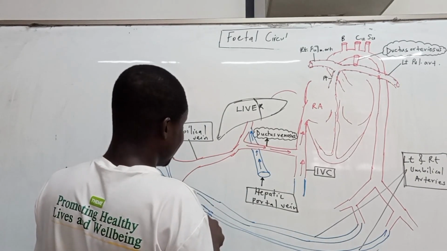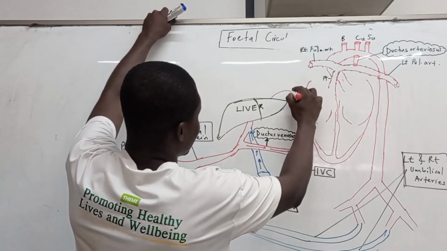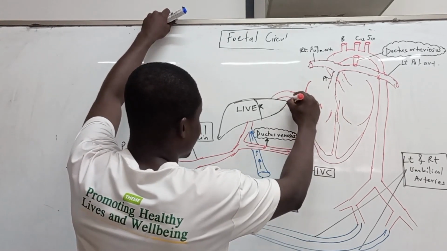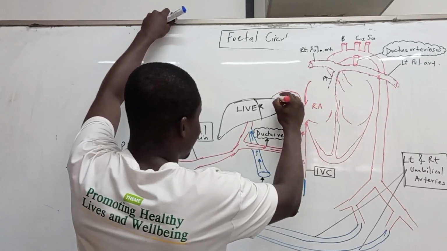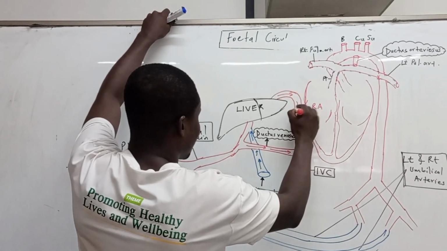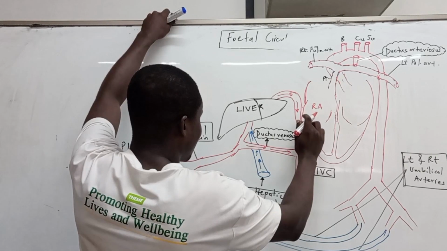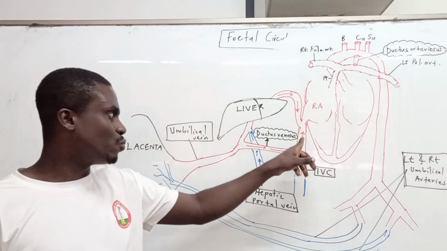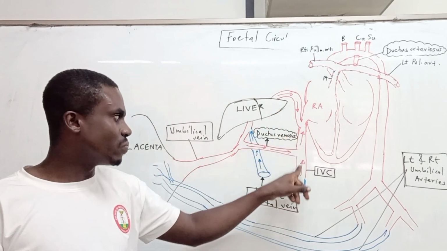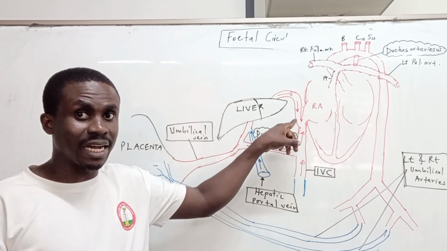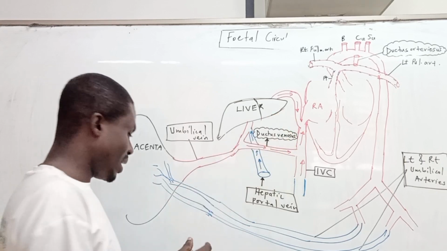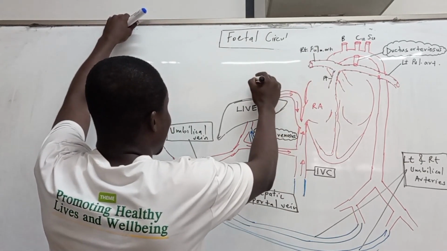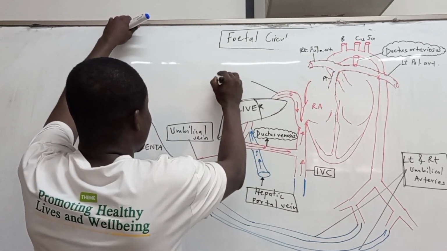Now from here, eventually it is coming into the terminal portion of the inferior vena cava, still inferior vena cava. And this is what we call the hepatic vein. Hepatic vein.